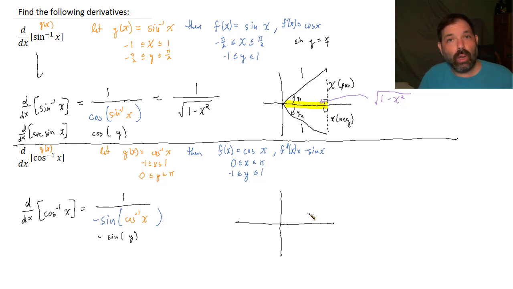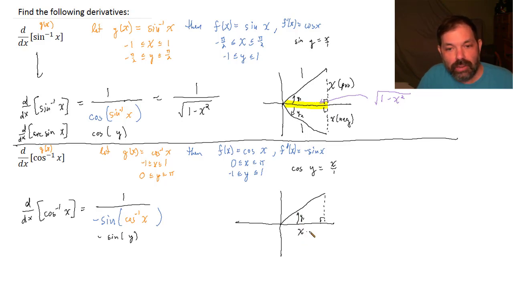Now, since our angle, our y, is between 0 and pi, we could have a first quadrant y value, right? So let's call this my y1. And there's my reference triangle. And here, since it's a cosine, we tend to think of cosine as adjacent over hypotenuse. So we have cosine of the y is x over 1. Cosine of the angle is adjacent over hypotenuse.